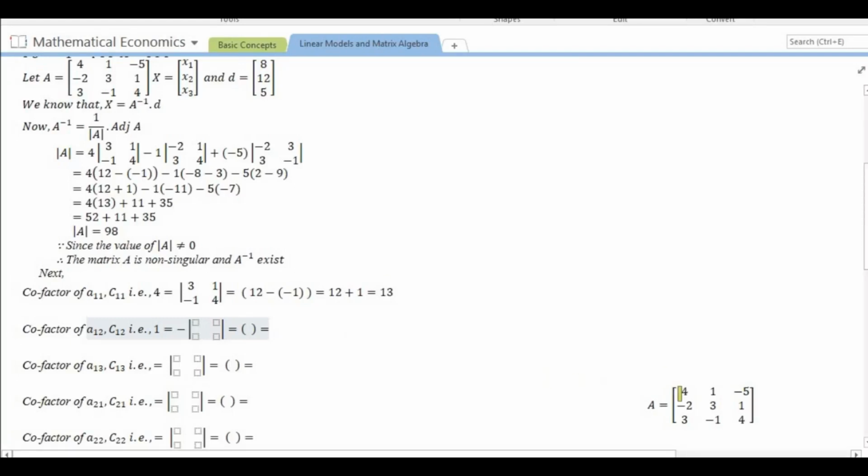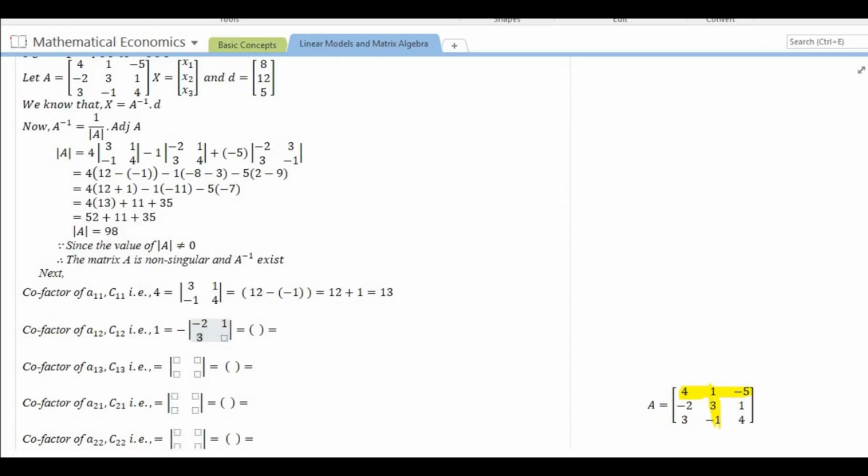After deleting the row and the column in which the element is present, we are left with minus 2, 1, 3, 4.